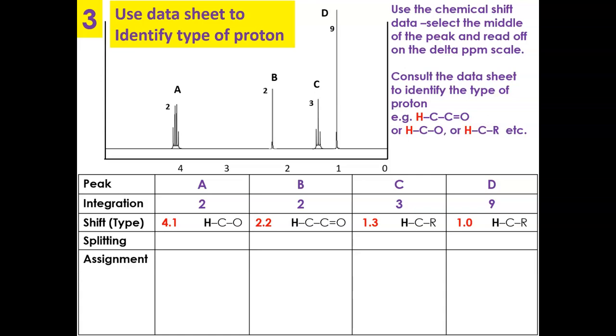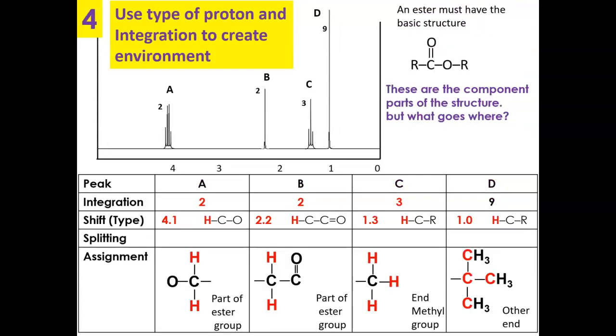Well, when we put all that together, this is what we find. So I've combined the number from the integration with the actual identification of the proton from the data sheet, and I've drawn in the assignment box what that means.